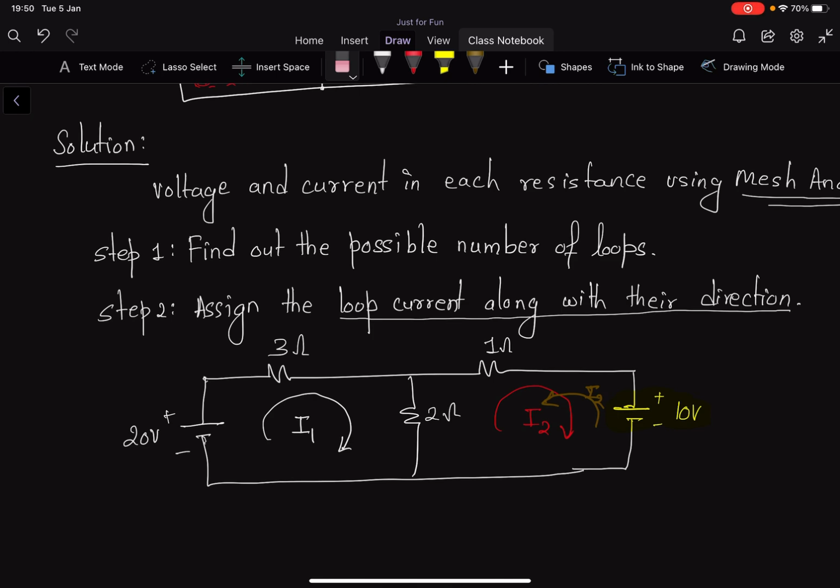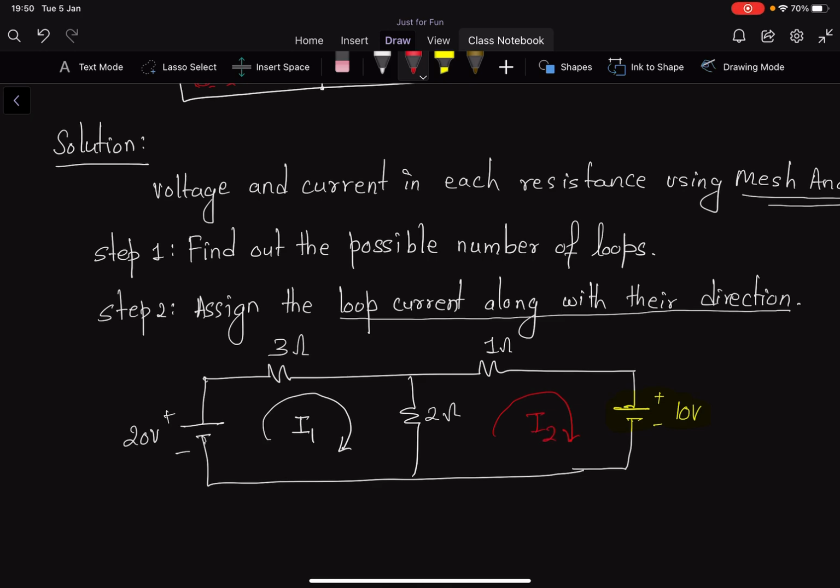But you can assume I2 the other way and still get the answer, but the value you get will be negative. That's the difference here.